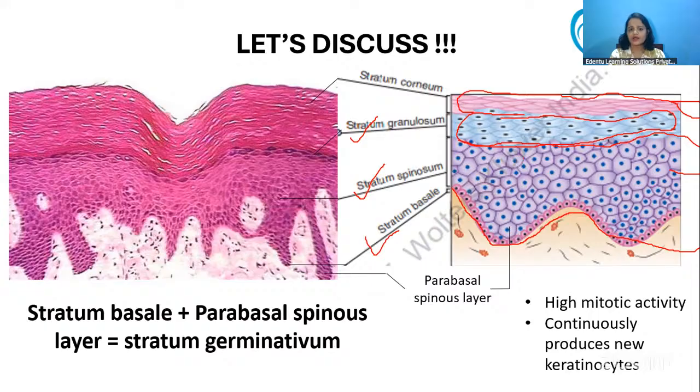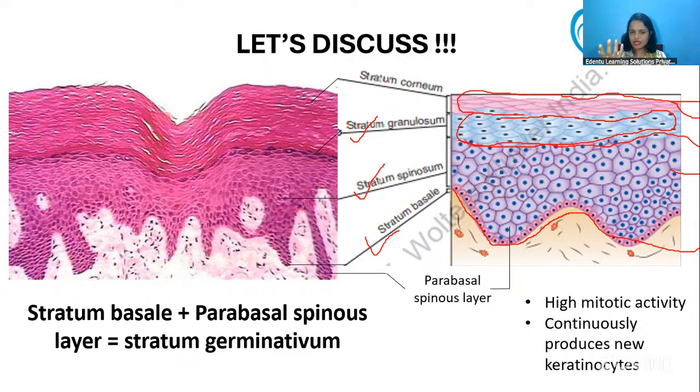So what do we mean by germinativum? Stratum means layers; it is stratified, layered one above the other. What do we mean by germinative?